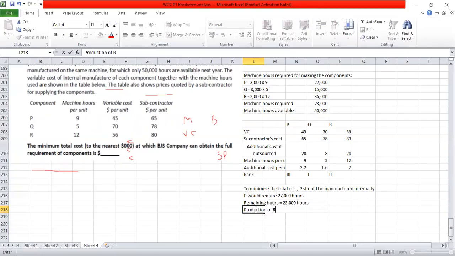Production of R would be: 23,000 hours are available, each unit requires 12 machine hours.